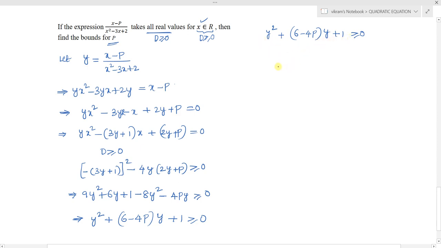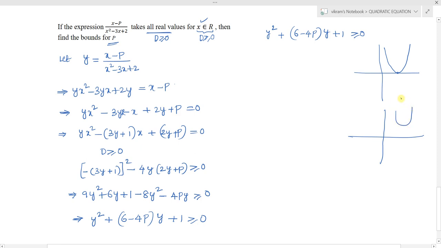In the graph of a quadratic, we have seen that when the expression is equal to 0 or greater than 0, the curve is in the form of this.